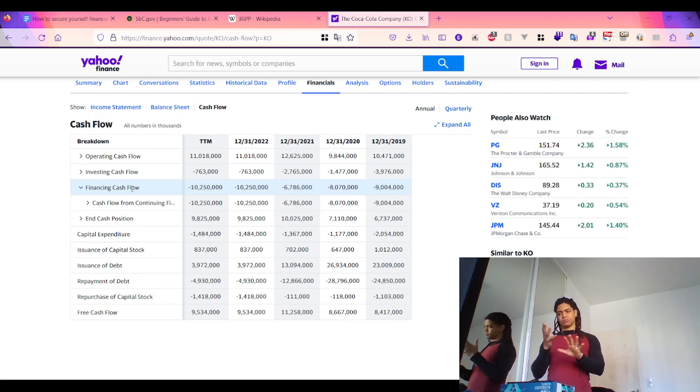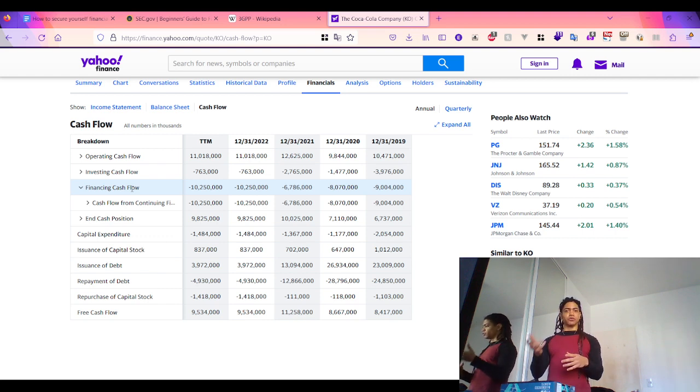Okay, so just a couple examples here is issuing equity. So, for example, a company can issue shares of ownership in an initial public offering, IPO. Issuing debt.